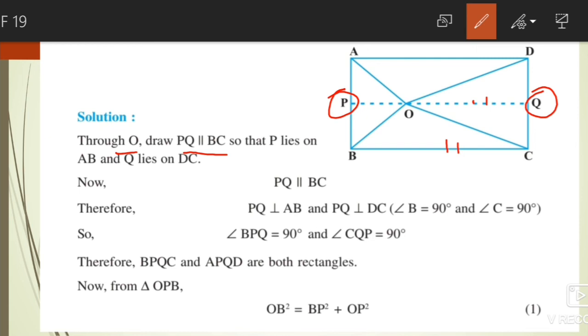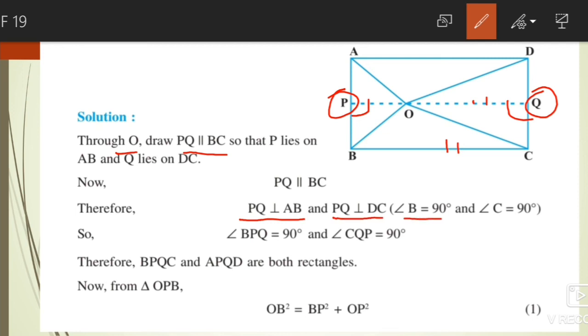Now, since PQ is perpendicular to BC and ABCD is a rectangle, you can say that PQ is perpendicular to AB. Again, PQ is perpendicular to DC.